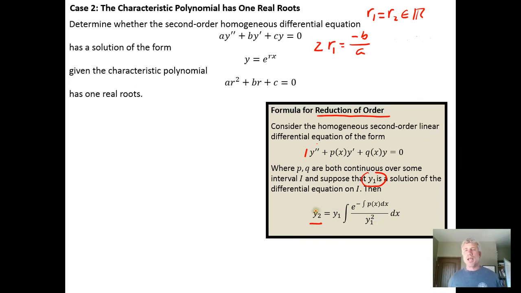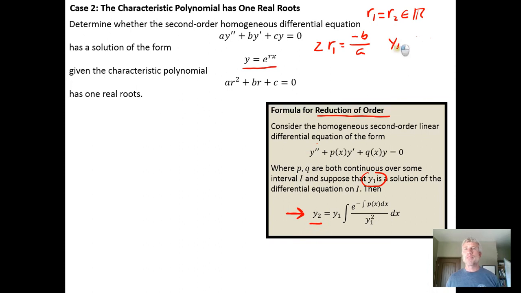We construct a second solution by multiplying the known solution times the antiderivative of e to the antiderivative of p of x dx, divided by y sub 1 squared. We want to use this formula to construct a second solution from our known solution.